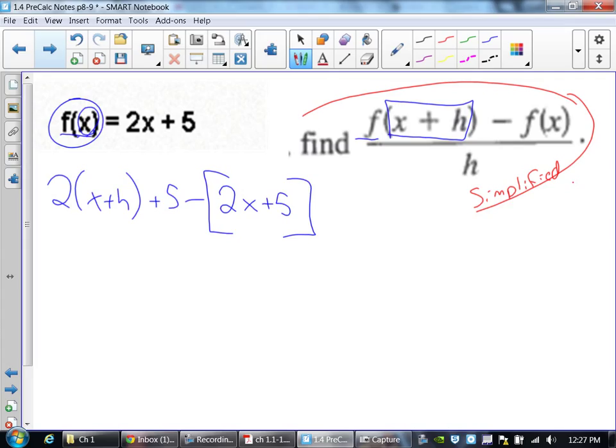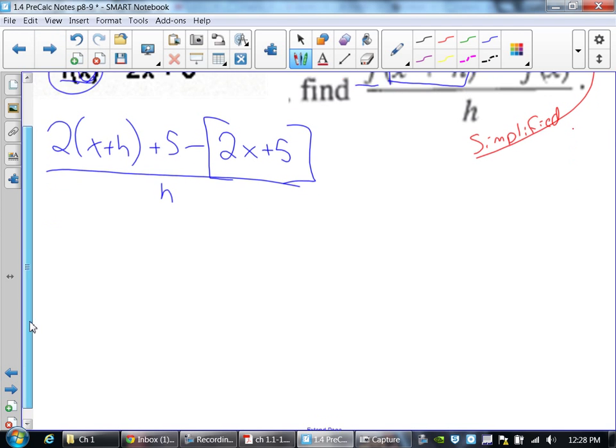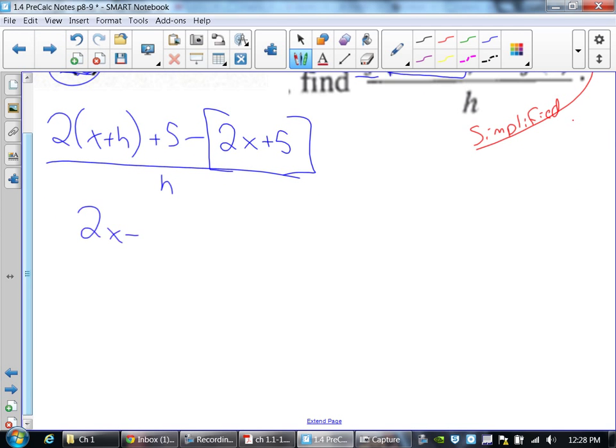To that, it's all being divided by h. So, distribute, simplify. I get 2x plus 2h plus 5 minus 2x, and then what you're going to screw up, minus 5. And it's still all over h.